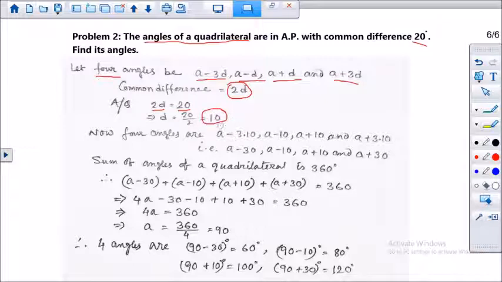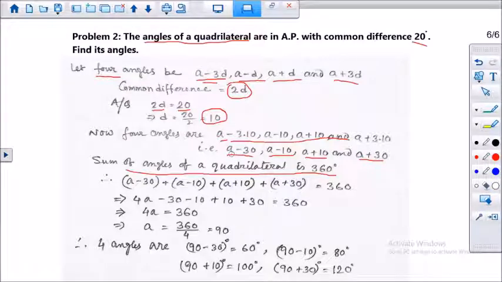So you can put the value of d in these angles. So we'll get a minus 30, a minus 10, a plus 10 and a plus 30. Now students, we know the sum of the angles of a quadrilateral is 360 degrees. So easily we can make an equation.